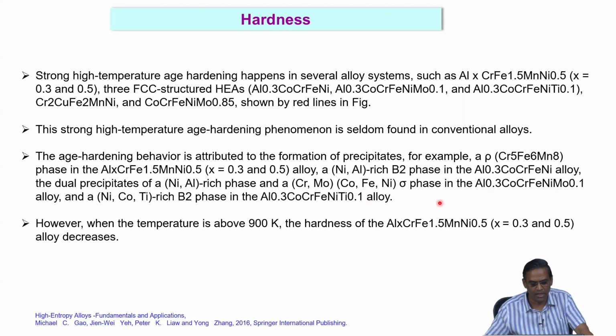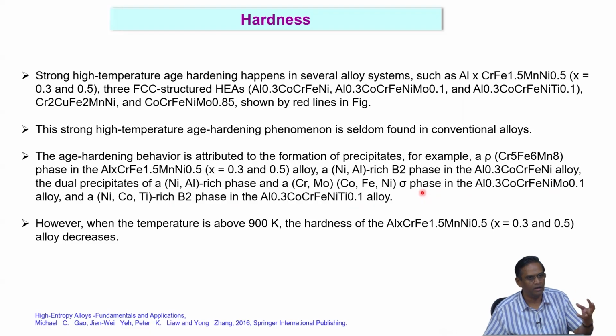So, what you see is that at high temperature you have new phases forming like a rho phase or a B2 phase or a sigma phase. So, you can understand it like that. These are all very strong high temperature phases. I mean, they form at a very high temperature and then they contribute significantly to the hardness.